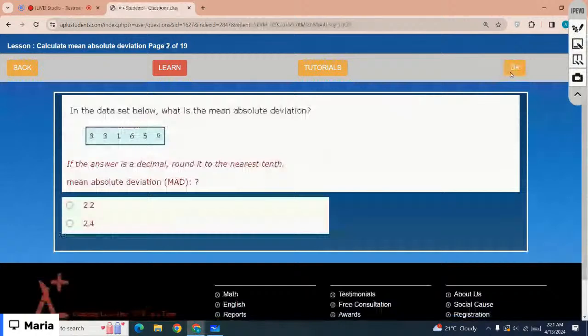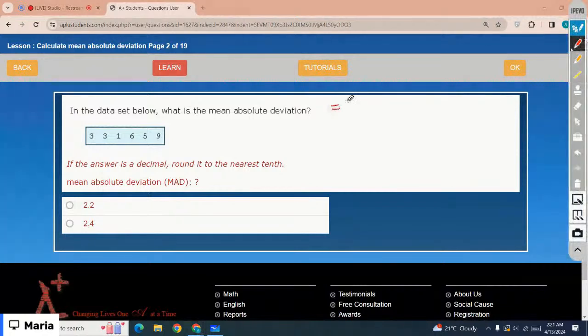And the data set below, what is the mean absolute deviation? Okay, let's just calculate the mean absolute deviation. The first thing is you have to add them. 3 plus 3 plus 1 plus 6 plus 5 plus 9, divided by 6.